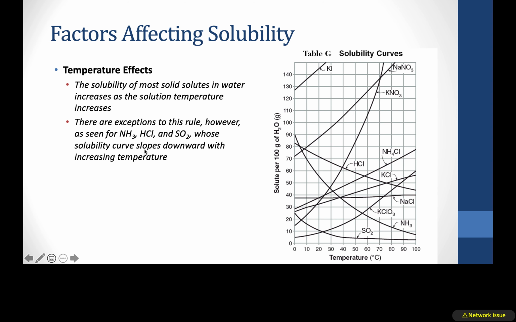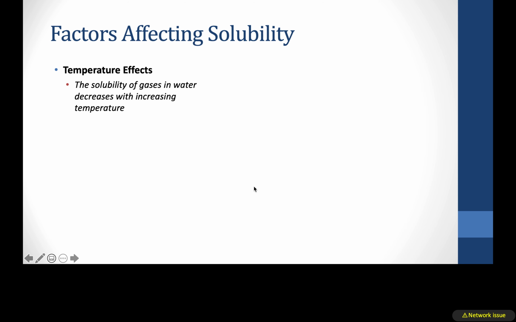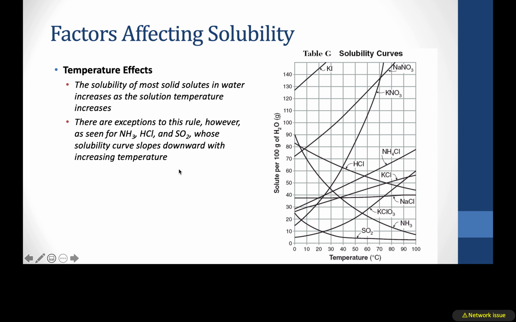There are exceptions, NH3, HCl, SO2, whose solubility curve actually goes down with increasing temperature. Okay, so you can take a look at this. You're going to be using this today to answer some practice questions, so I recommend having your reference table ready to go, digital or not.